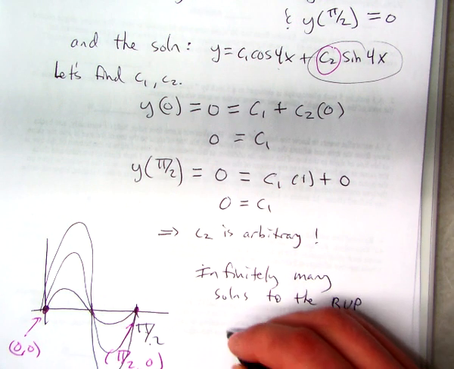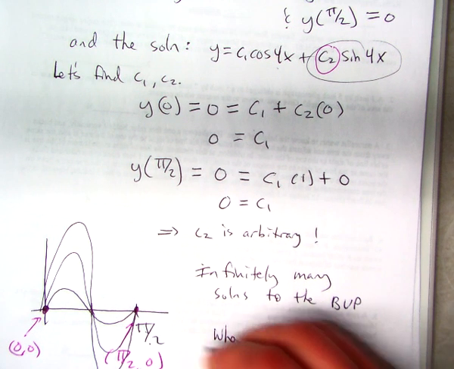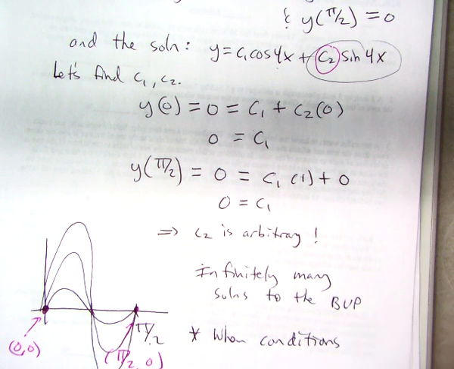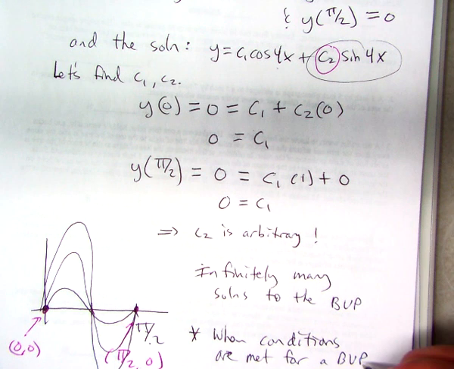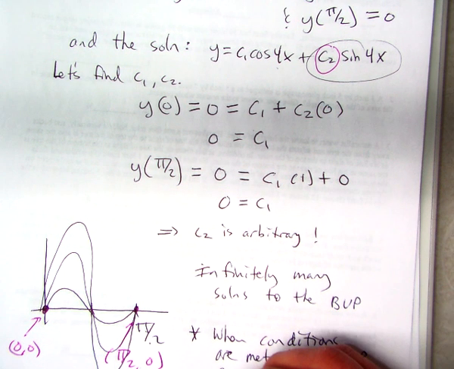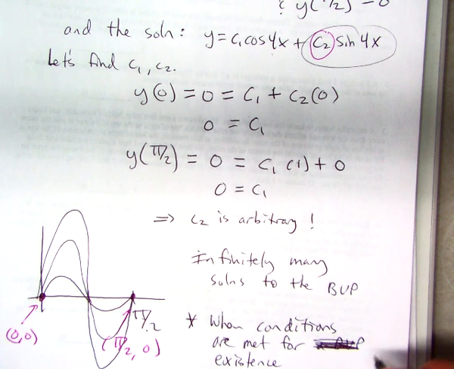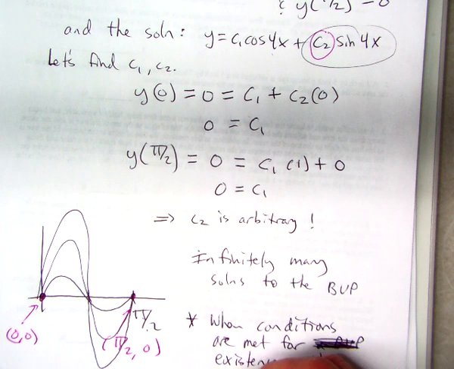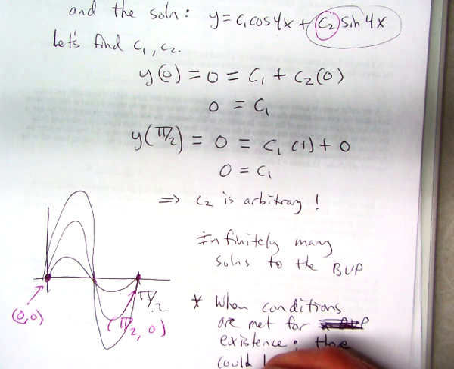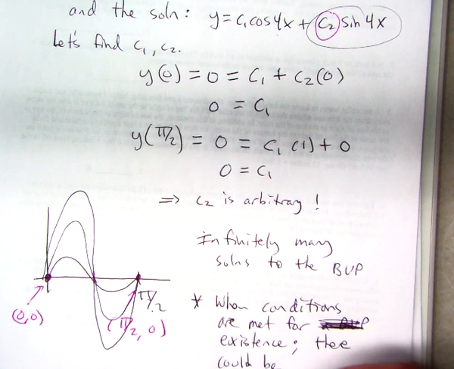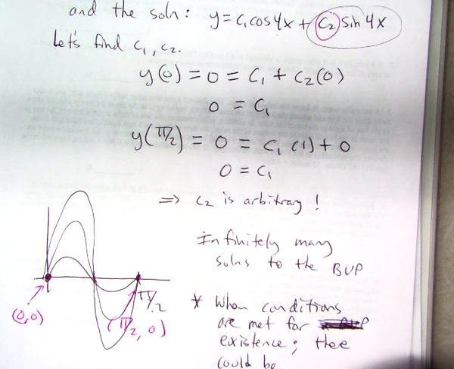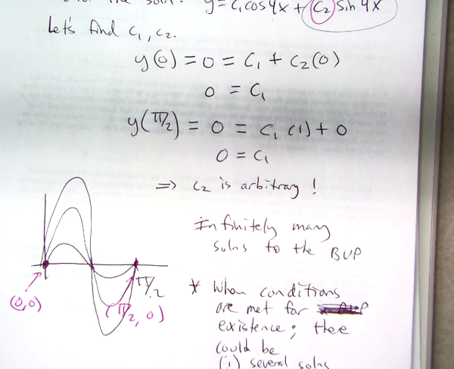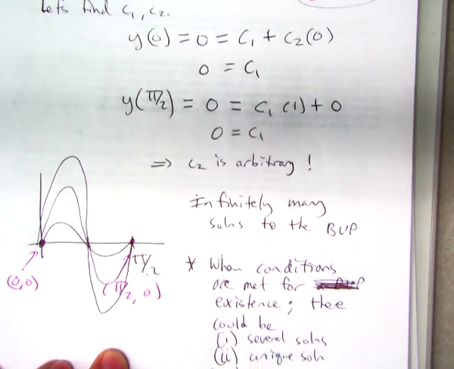But the point here that I'm making is that when the conditions are met for existence, there could be several solutions, a unique solution, or none. And this is for boundary value problems.